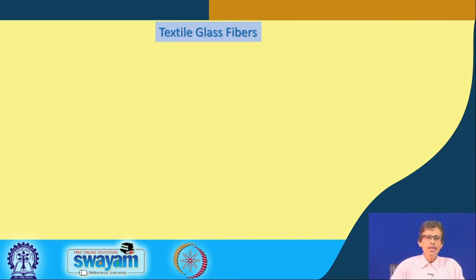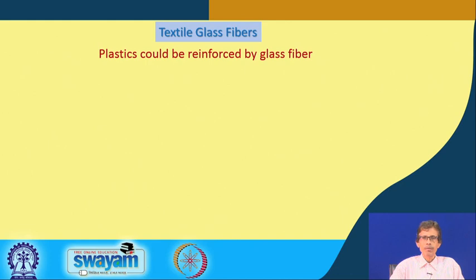Then we will see glass fibers, which are also a very useful inorganic fiber. We can make those fibers like textiles, so we can put them in textile material, or have textile-like fibers, like your plastic material, the polymeric nylon material.